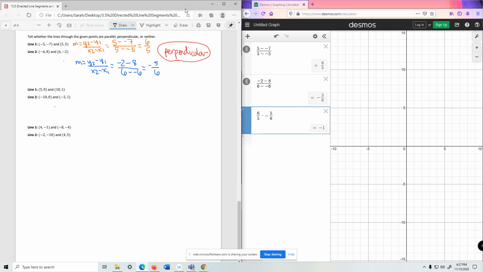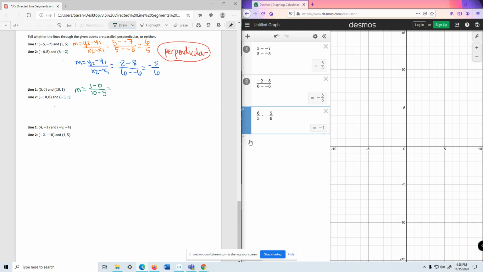Let's try the next one. I'm not going to write the slope formula out every time because we've seen it a lot of times now. I'm just going to start with plugging in y2 and y1 and everything else. My second point is 10, 1, so y2 is 1 minus 0 for y1. x2 is 10 minus x1 is 5.